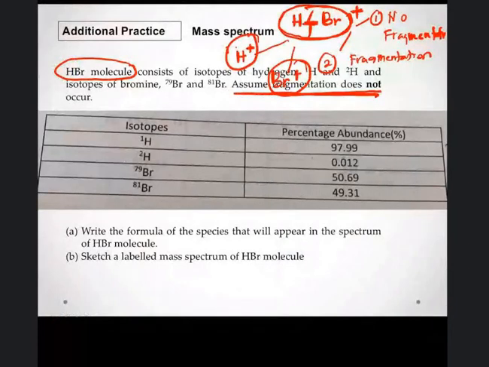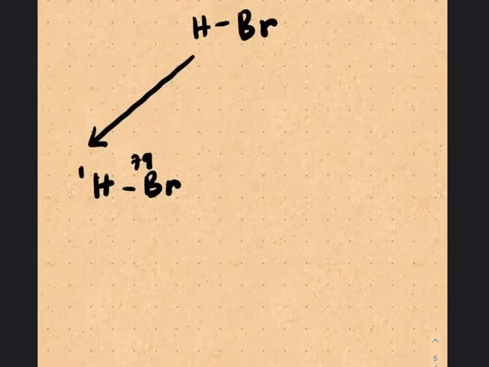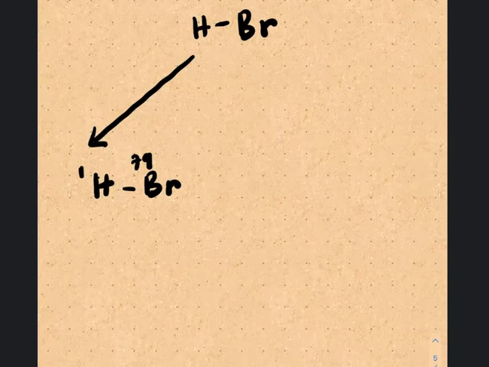Lepas tu bromine ada dua isotop, bromine 79 and bromine 81. Okay. So maknanya molekul kita tu yang ada dalam sampel kita tu boleh jadi a combination of hydrogen 1 dan juga 79, bromine 79. Boleh faham ni?